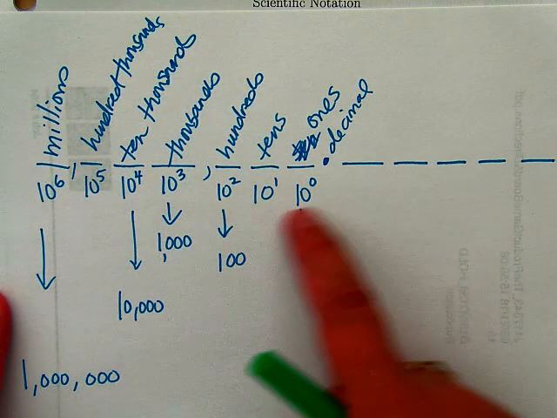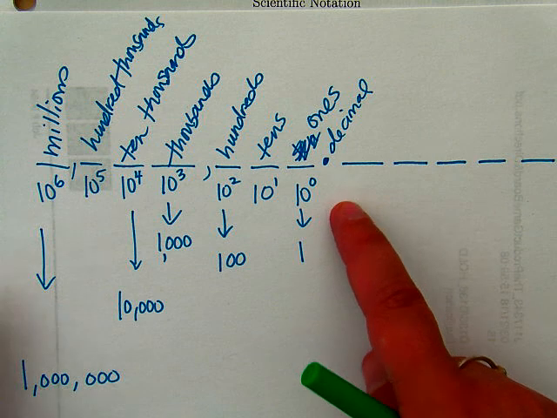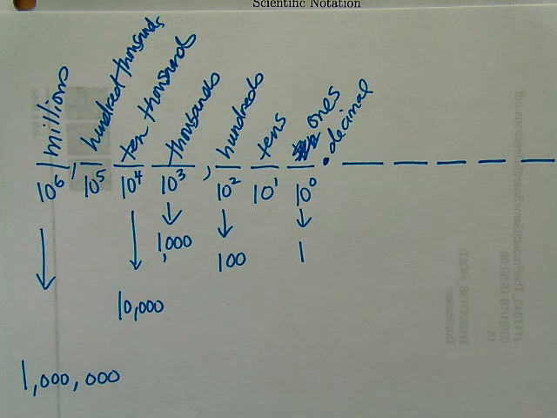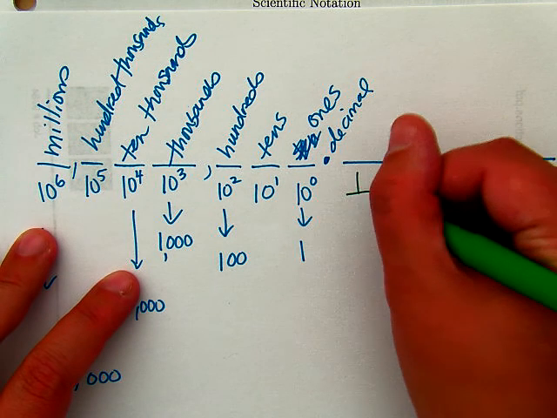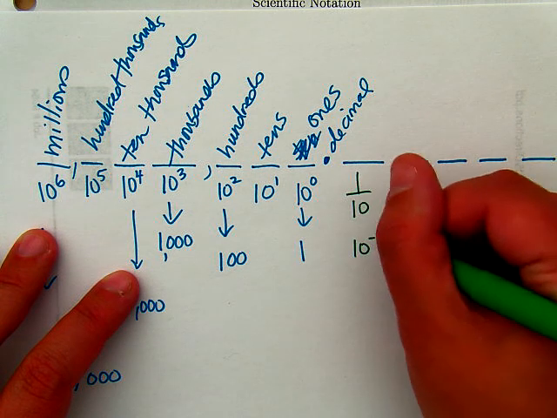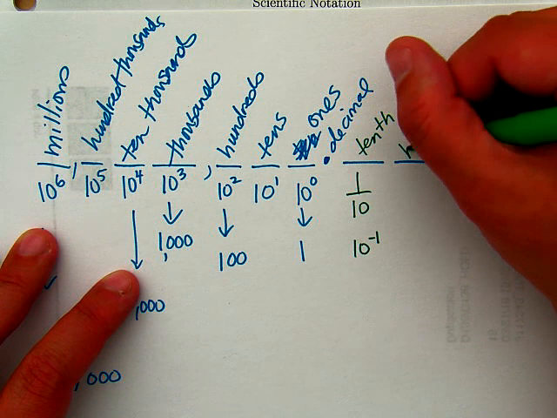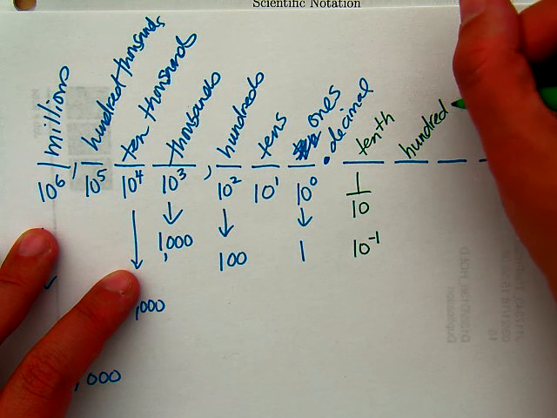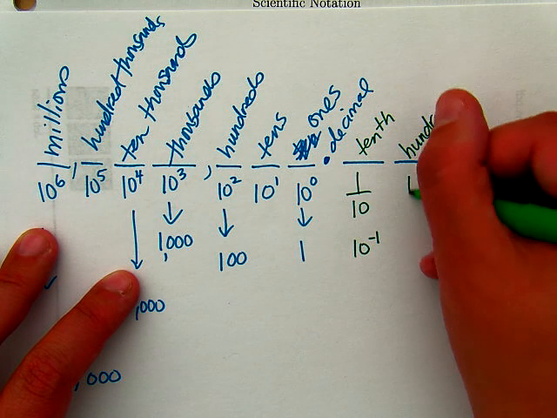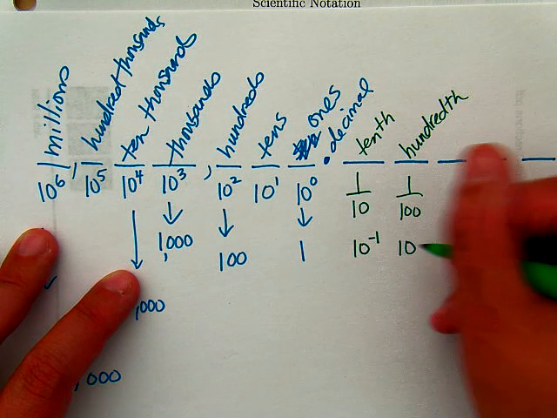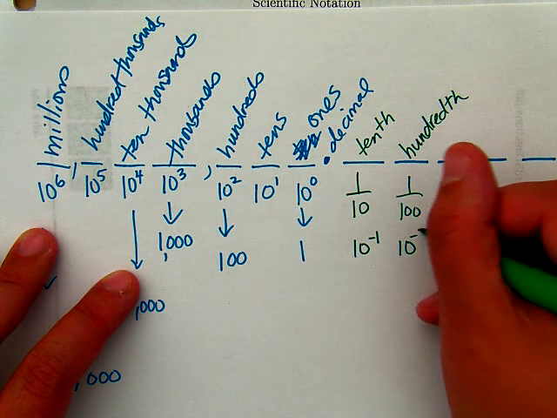Going down, we're dividing by 10. What's 1 divided by 10? 1/10. 1/10 is 10 to the negative 1 power. That's a tenth. Then you have hundredths. That's 1 over 100, which is 10 to the negative 2 power.